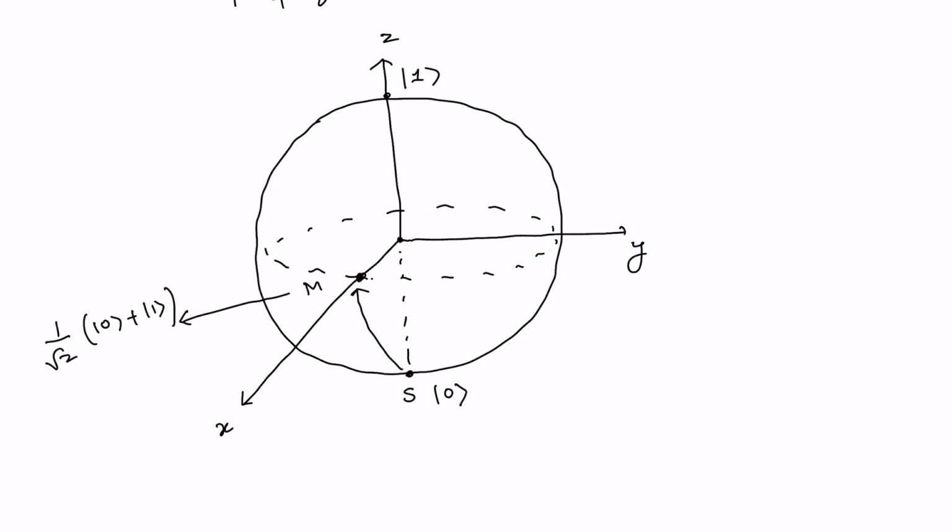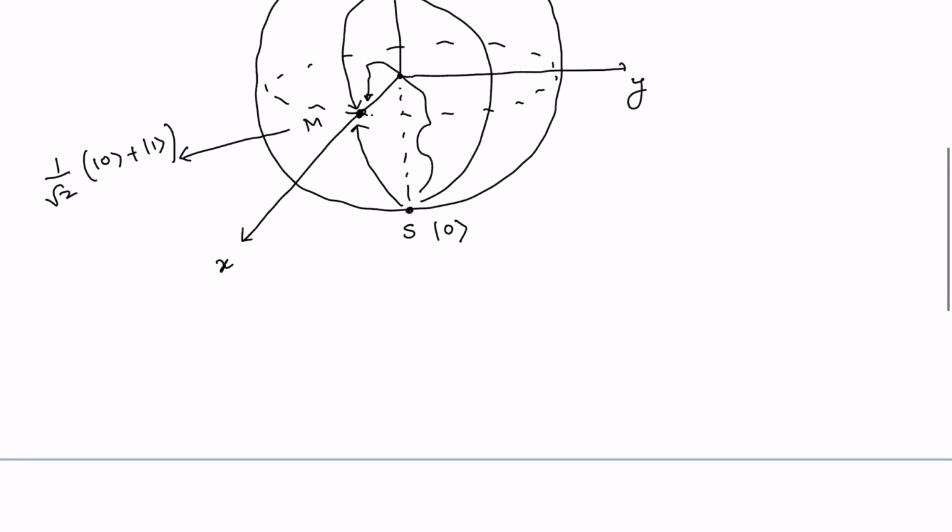I can approach this point from S by various trajectories. I can take this path, or I can take this path. There are many ways I can reach M from S, and I can achieve this by the so-called Hadamard gate operation, as we learned in the last class. If I operate the Hadamard gate on the qubit state 0, it takes me to the equal superposition of |0> and |1>.